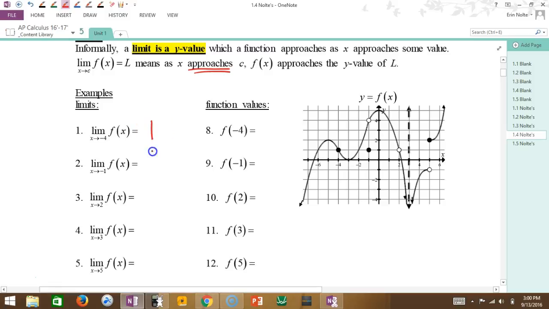Number 2. What is the limit as x approaches -1? 4. Is everybody okay with that?